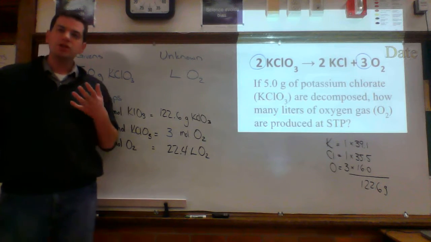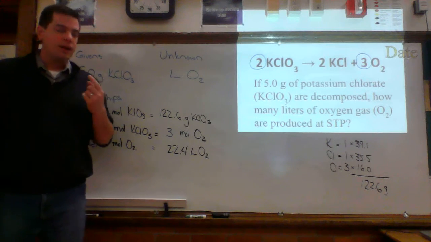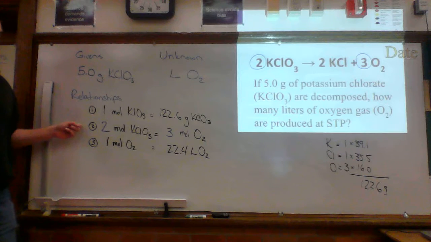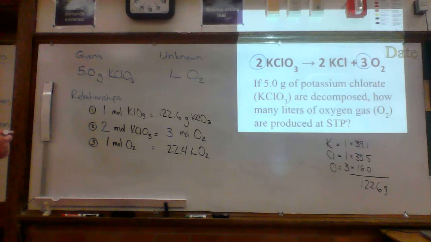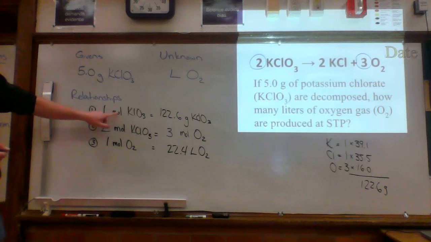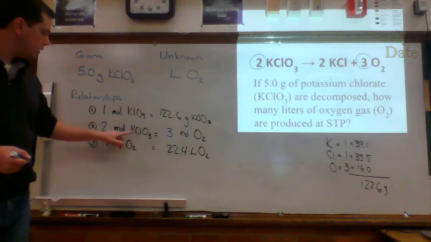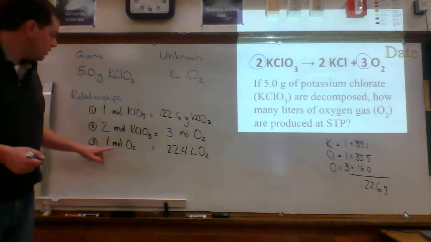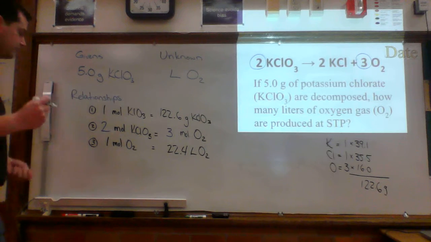The relationships with moles are always 1 mole, except for the mole ratio relationship. Sometimes that is not 1. All right. I have the number, I have the unit, I have the chemical, for each relationship. I'm ready to do my fractions.